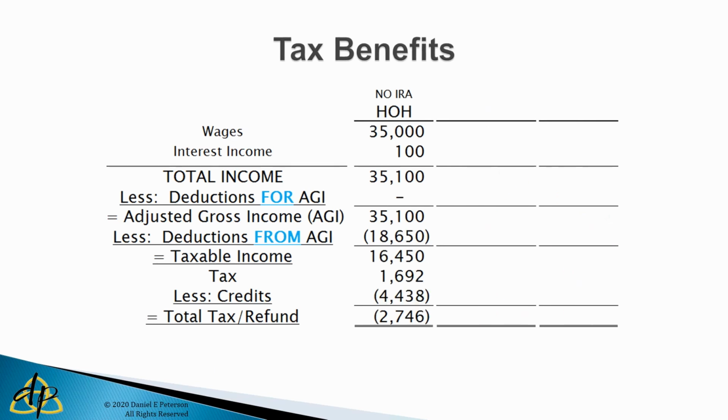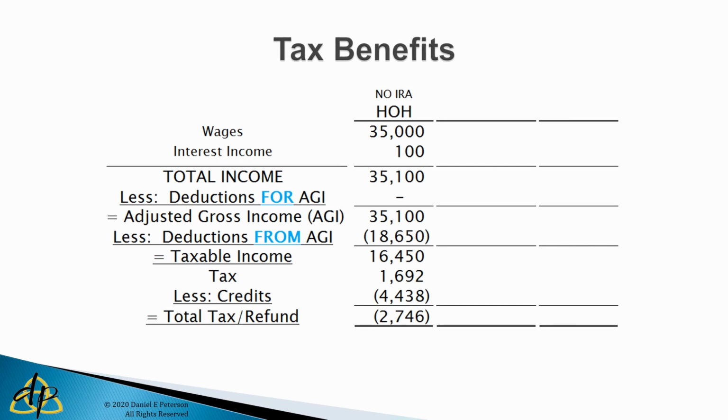Now let's review the head of household situation, where we have an individual who has a child at home who's under the age of 17. That individual has $35,000 in wages, $100 of interest income. Their standard deduction for their filing status is $18,650.